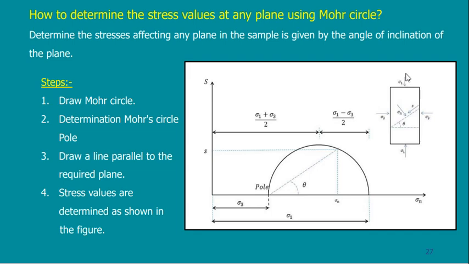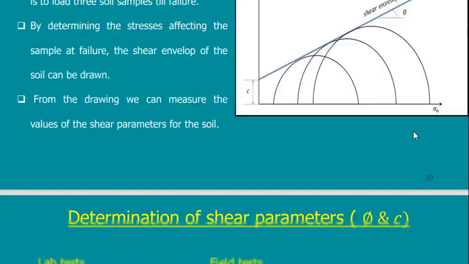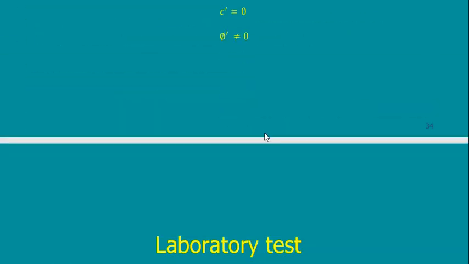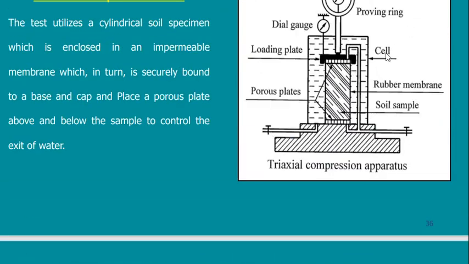So I try to increase sigma 1 till I have stresses at these inclined planes, and when one of these inclined planes reaches failure, the sample will be sheared like this. So this is exactly what will happen here, and this will be the failure of the test.